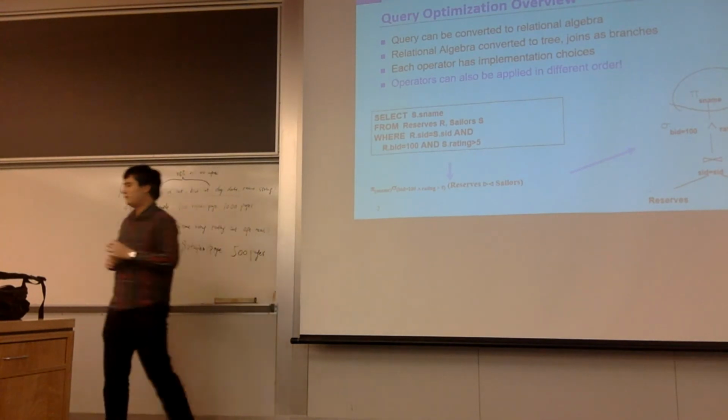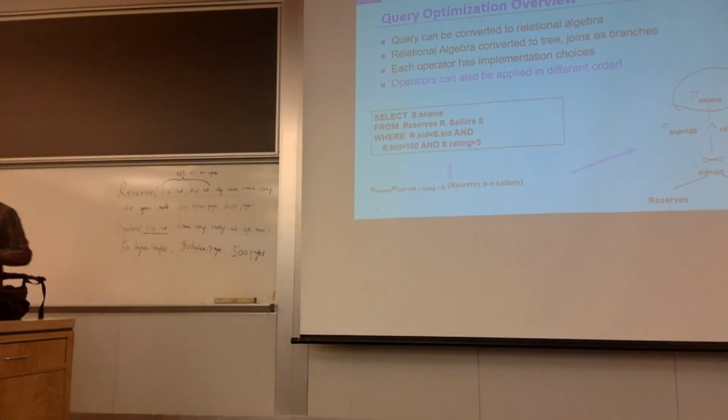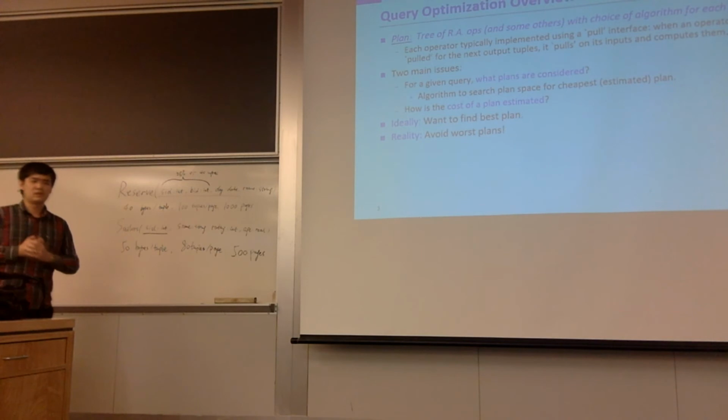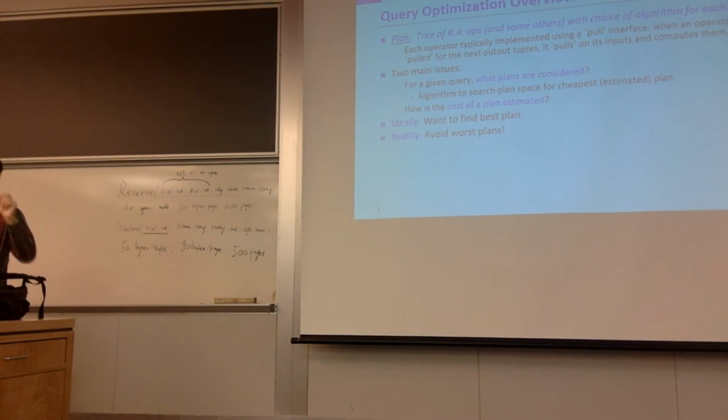If it's instantiated into physical operators, then it's a physical plan. For a logical plan, you need to choose what specific implementation or algorithm to use for each of the operators, and also decide in which order you want to apply these operators.